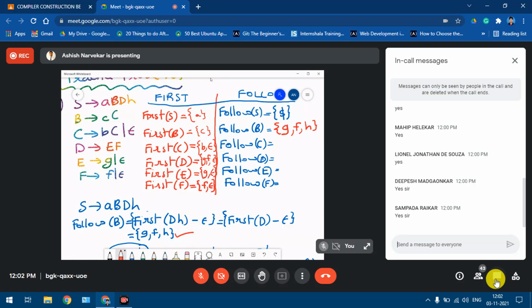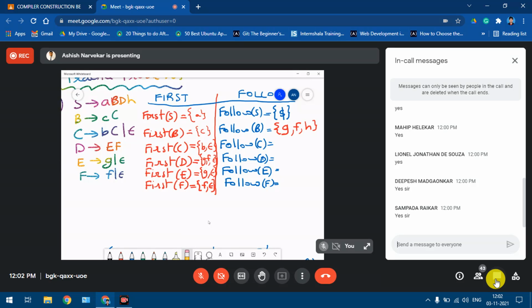Okay, now follow of C. Can someone tell me what will be the follow of C? To find the follow of C, I'll wipe whatever is on the lower portion over here, so that I can write there as well as we discuss.